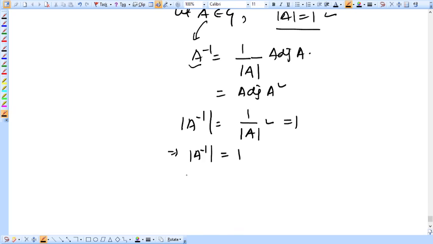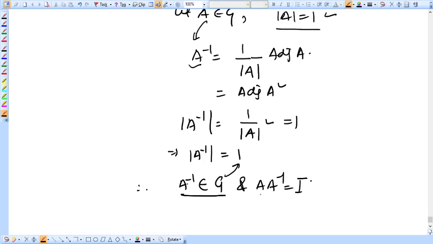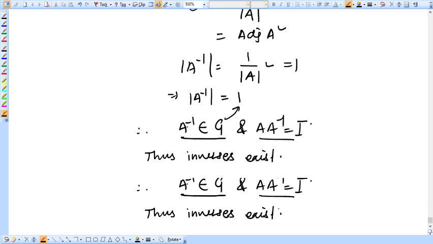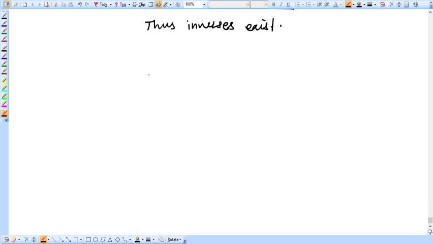Therefore A inverse belongs to G, because its determinant is also 1. And since it is the inverse, A into A inverse is equal to the identity element. Thus the inverse exists.